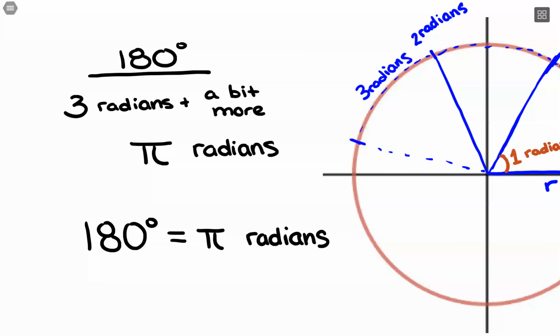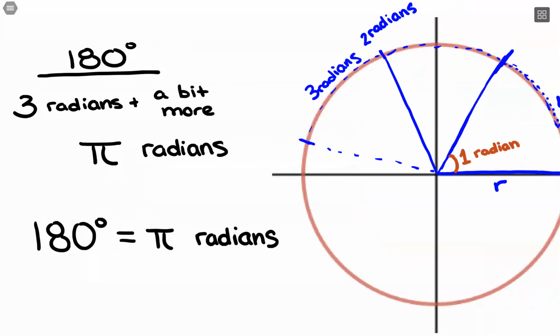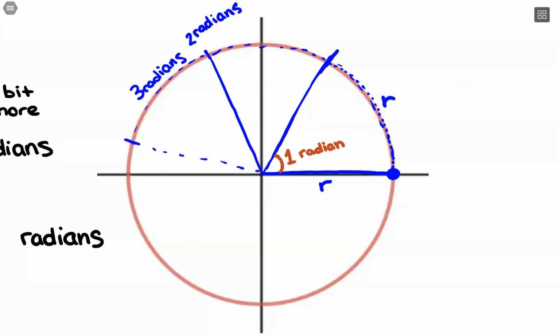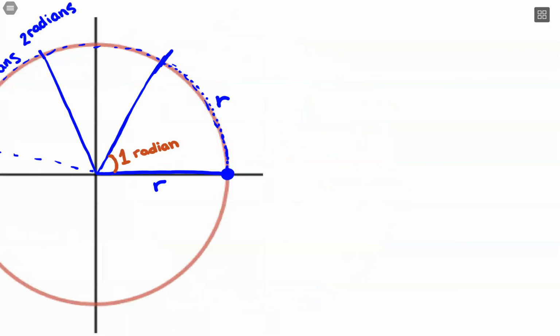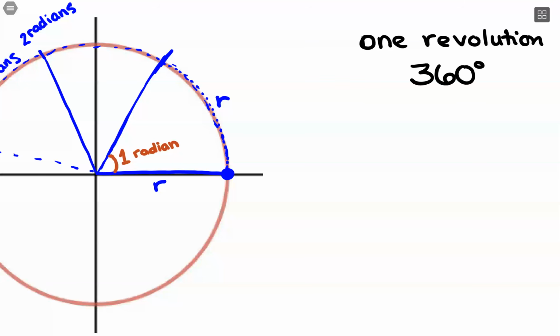Then if we wanted to go further in terms of how many radians are in 1 revolution, going around the entire circle, which is the same idea as 360 degrees, well, that would be double 180 degrees.